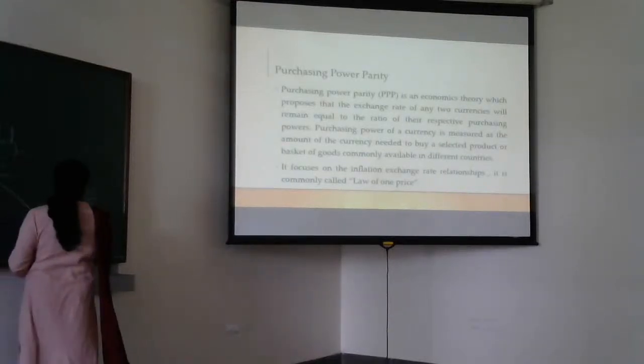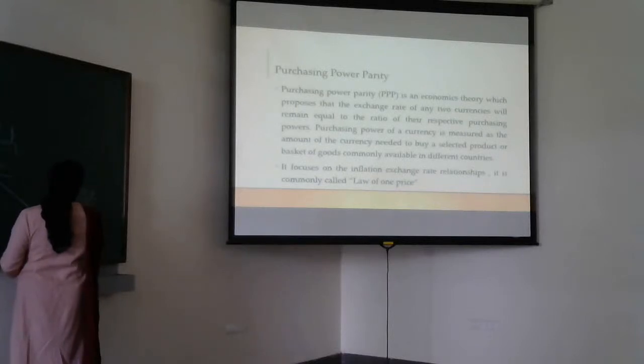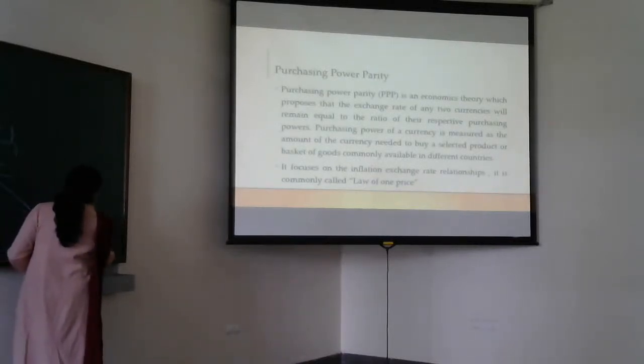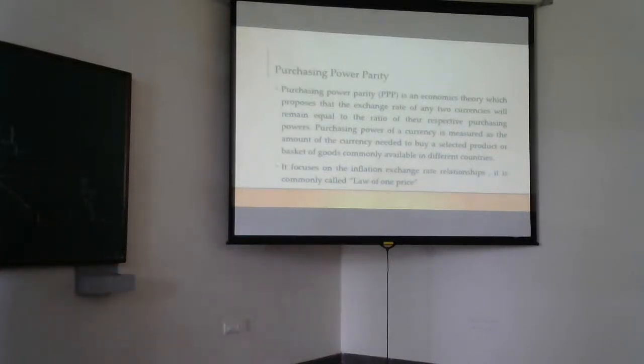So ideally, what are you going to get? You are going to get 10. It means I am saying that $1 is equal to 10 rupees. This is the parity that we are trying to define on the basis of the pricing of the products in two different countries. Are you catching up with the idea?